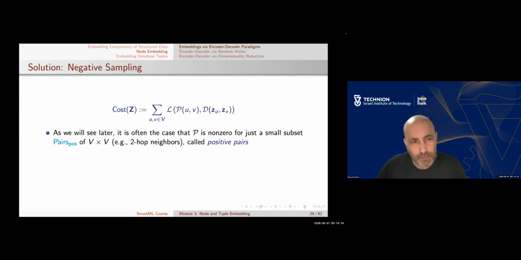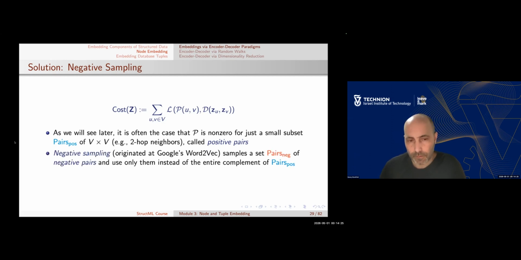And we denote these pairs as pairs pos. What about the negative pairs, the pairs for which this proximity is zero? So this is all of the rest. And instead of using all of them, we sample a set. That's the idea of negative sampling, coming from Google's Word2Vec. And we're going to see this algorithm later in more detail.